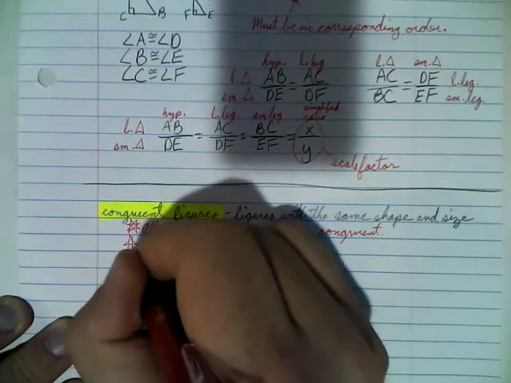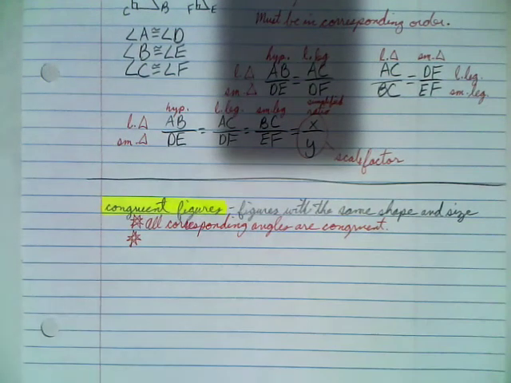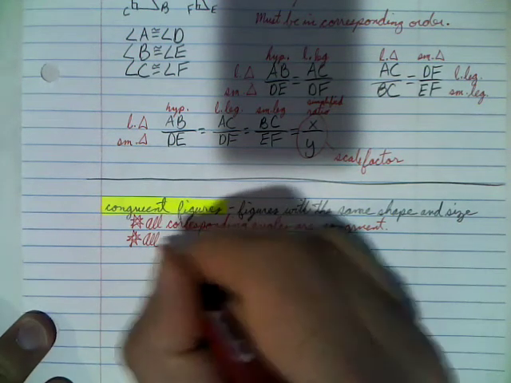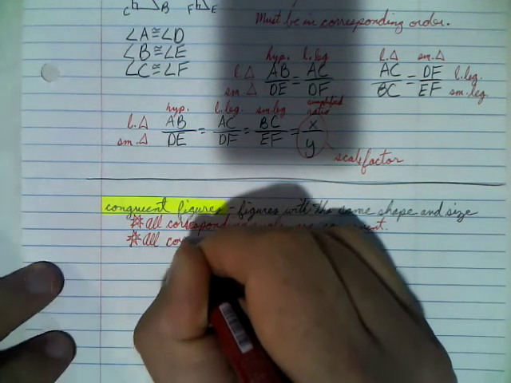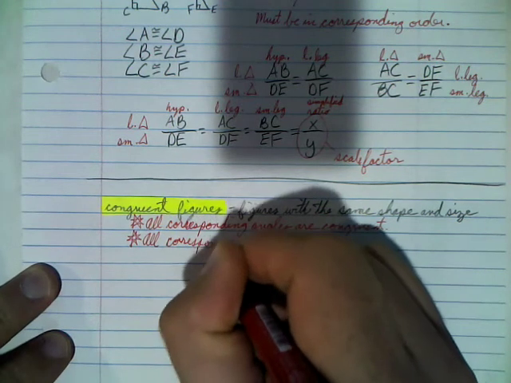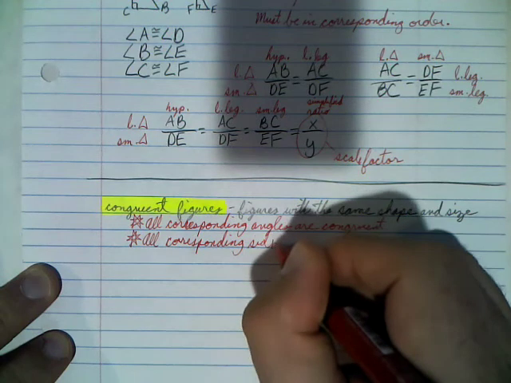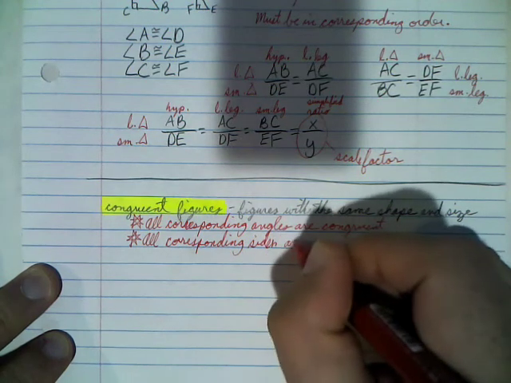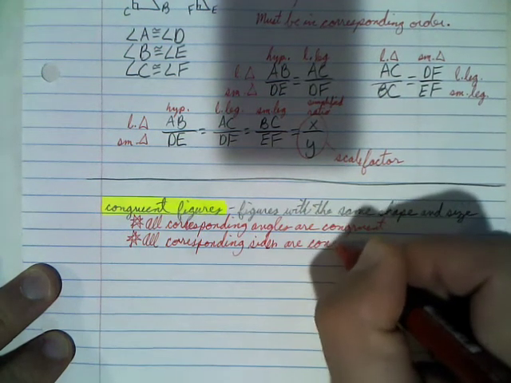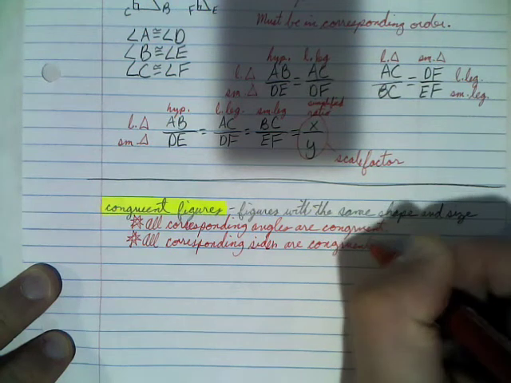However, this time, since they have to be the same size, it's the sides that control the size. So now all corresponding sides are congruent.